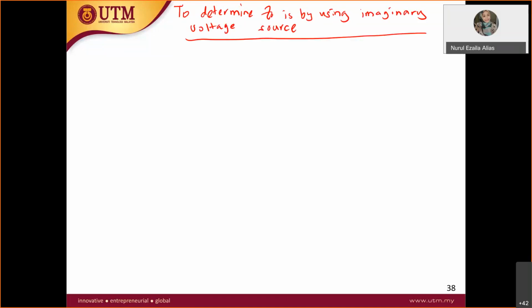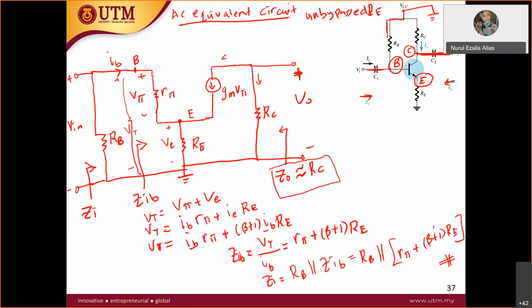Okay, so as you can see here at the Z out, sorry to use a different color. Z out is actually equal to the RC, and there is a resistor at the input.